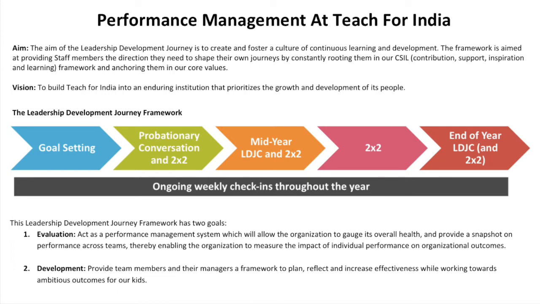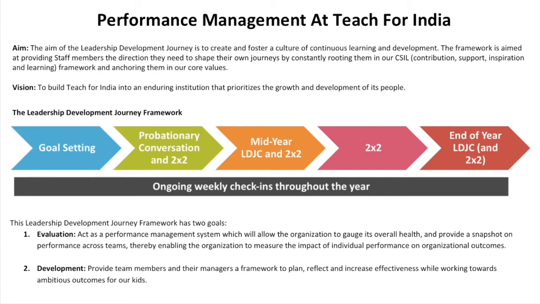And so if you look at the screen right now, you will notice that the framework actually begins all the way at goal setting and ends at our end of year LDJC conversation. But there are many key components in between that allow us to get to that final spot. And so currently we're kind of exactly midway, where we're ideally building off of previous conversations you've had on goal setting.